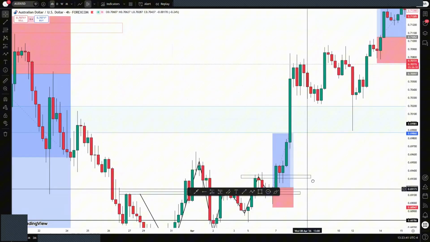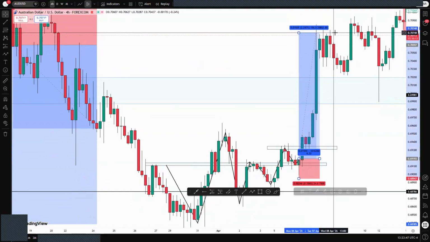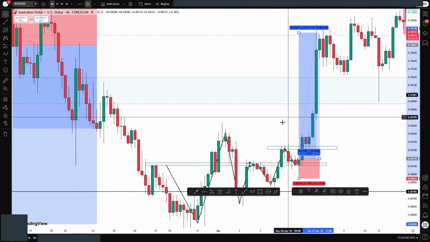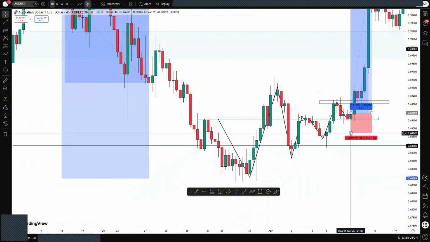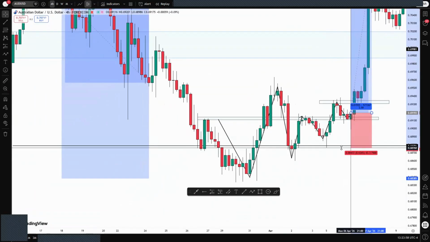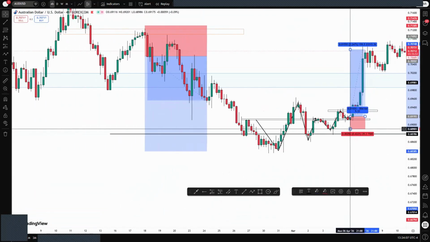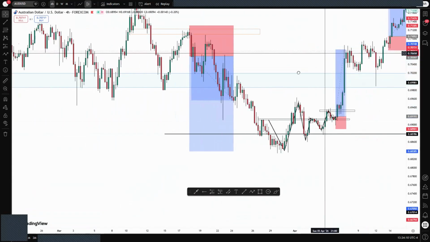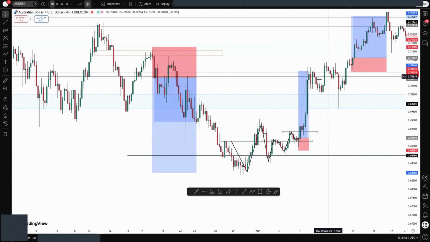And you can see what price ends up doing. Price ends up buying massively. So even if you put your stop here, you'll get your perfect returns, you see? Or even if you put your stop there, you see? So this is the same thing I'm trying to apply here. Okay?